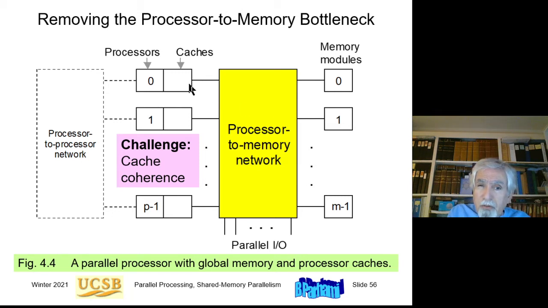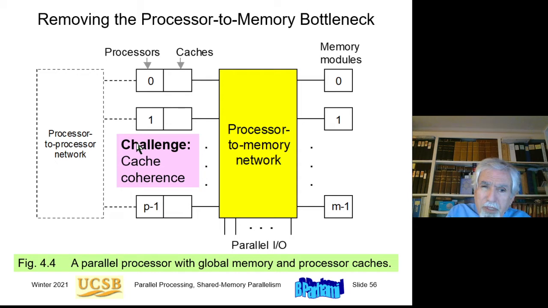Of course, using multiple caches creates the challenge of cache coherence. So if 2 processors share data so that 2 different copies of the same data appear in 2 different caches, then keeping those copies consistent requires some care, and it generates some overhead, some performance degradation to maintain that consistency.